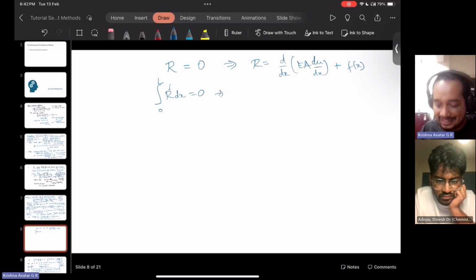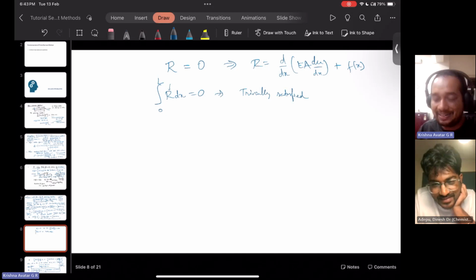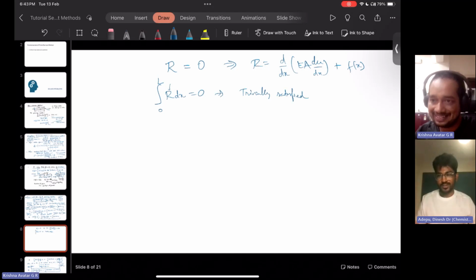So this is trivially satisfied. If we integrate this over the domain, it's already zero because R is zero everywhere. So it makes no sense, it does not help us. We're solving the same equation but we don't know how to solve it numerically.